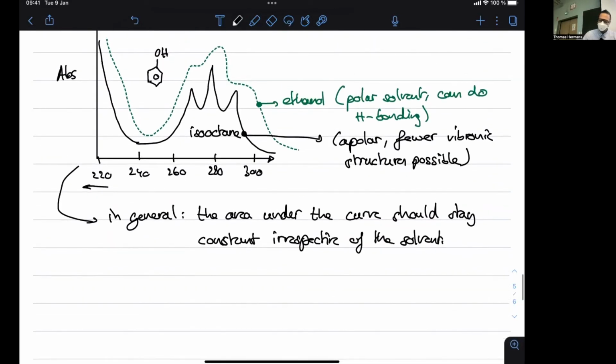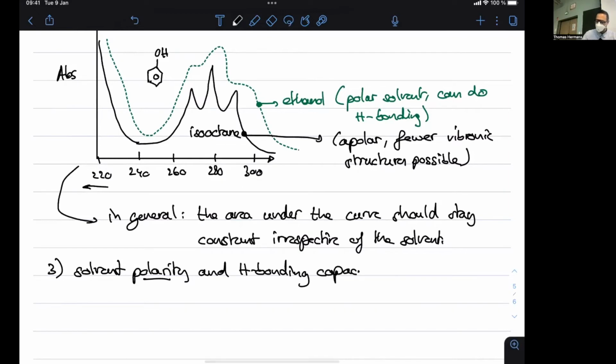So 3. The solvent polarity and hydrogen bonding capacity shift transitions.